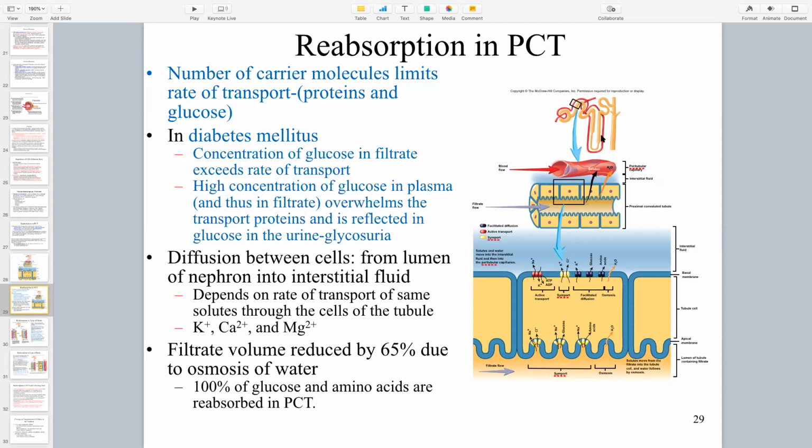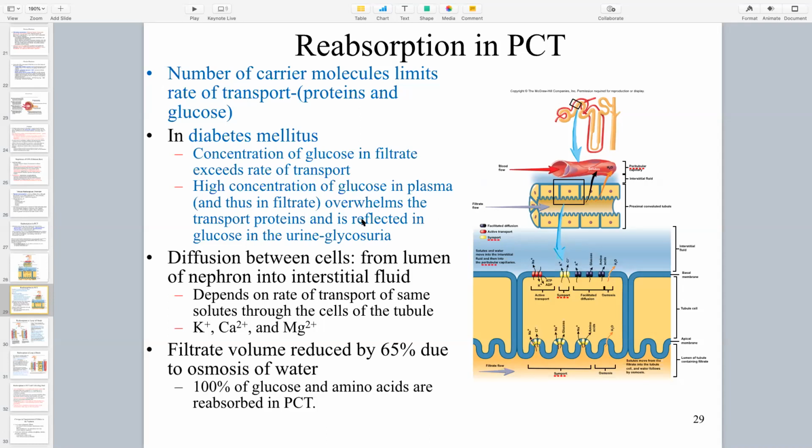Glucose that should not be there is now present at high levels, so water no longer wants to move through. As water is no longer reabsorbed at the same rate, there's more water going through your tubule system. You can't reabsorb at all because there's so much glucose there, holding that fluid in place. Now you have a combination of glycosuria and polyuria.